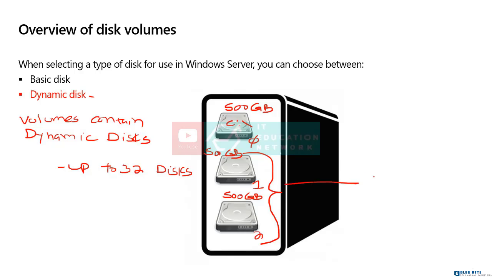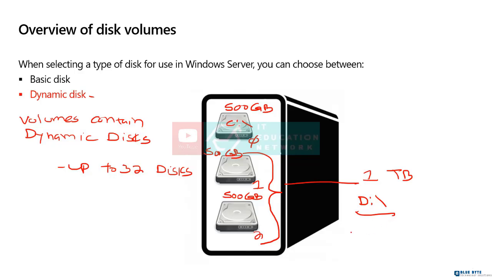But we're just going to say 1 terabyte because it's easier to say. So I have about a terabyte of space on these disks. When I put them in the same volume, this can be my D volume. But it actually contains both of these disks. So you can do that for up to 32 disks that could reside behind one drive letter.